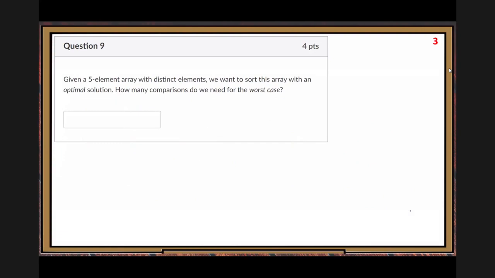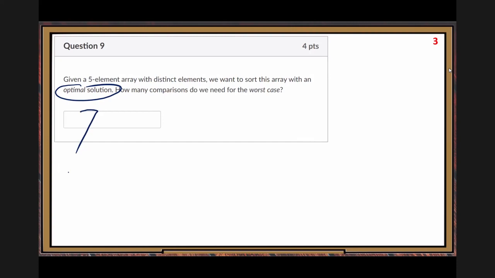Number nine. Given a 5-element array with distinct elements, we want to sort this array with an optimal solution. How many comparisons do we need for the worst case? 7. We did it in class.